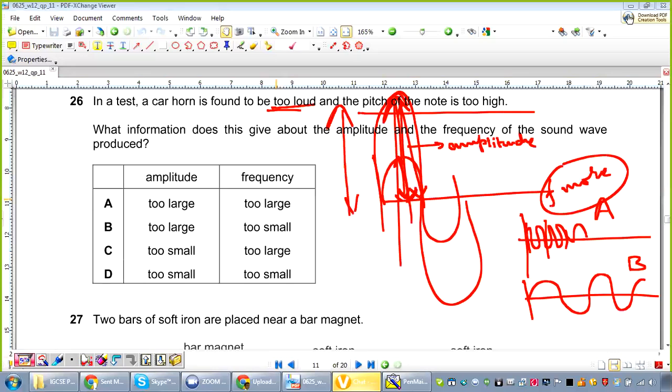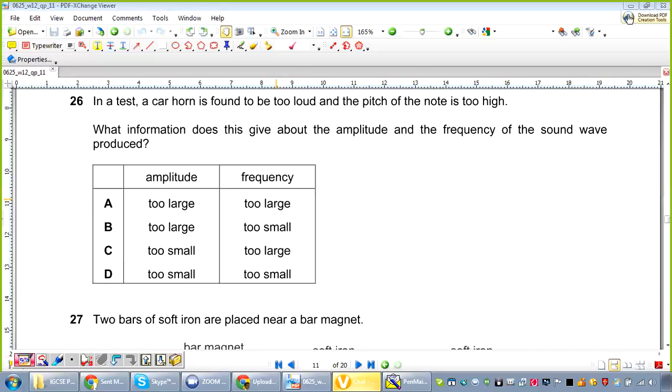Pitch will be more, frequency will be more when more number of waves are there in that much time. Here the pitch will be less. Here they have already given that it is too loud. It means the amplitude is large. Pitch is also high. It means frequency is also large. So this is going to be the option.